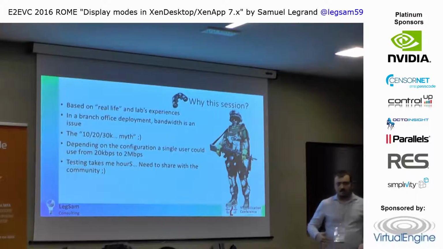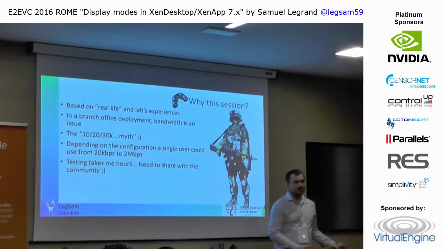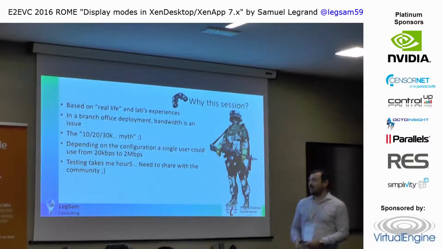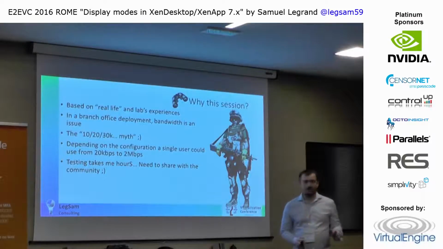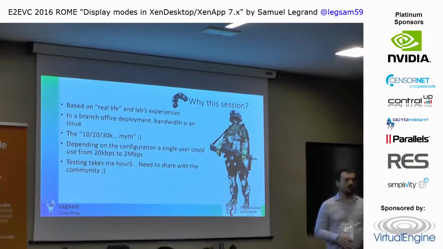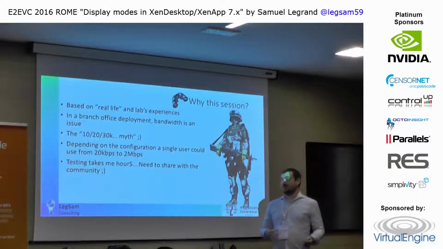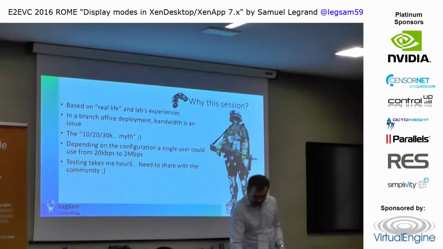It was not present during the POC because all the tests had been performed on the LAN. Not a great idea. We figured out that, depending on the configuration, a single user could use up to 2 megs of bandwidth. So quite a lot. All the testing we performed took me hours, so I try to share this with the community.